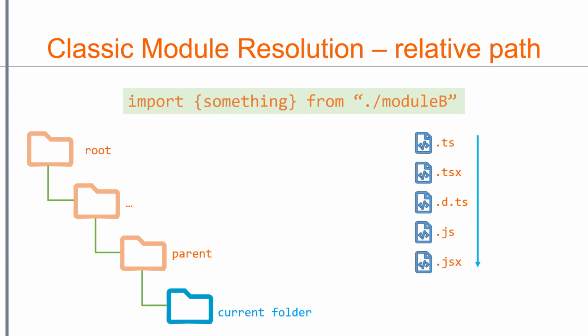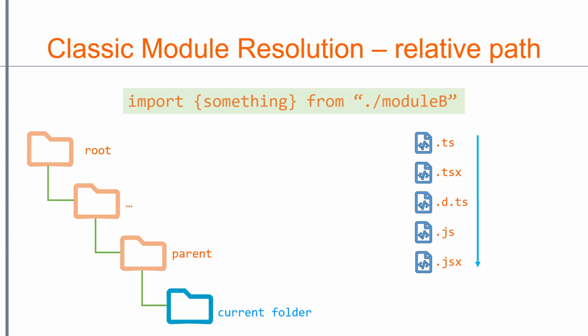TSX is used in React projects and D.TS is a TypeScript type definition file. Whenever TypeScript searches for a TypeScript file, it looks for a TS file, then TSX and then the type definition file. This means if a folder has both a TS and a TSX file, for example, then the TS file will be used as it comes first in the search order.